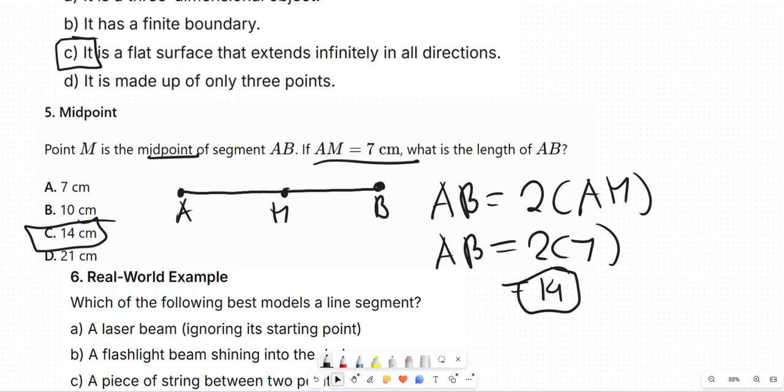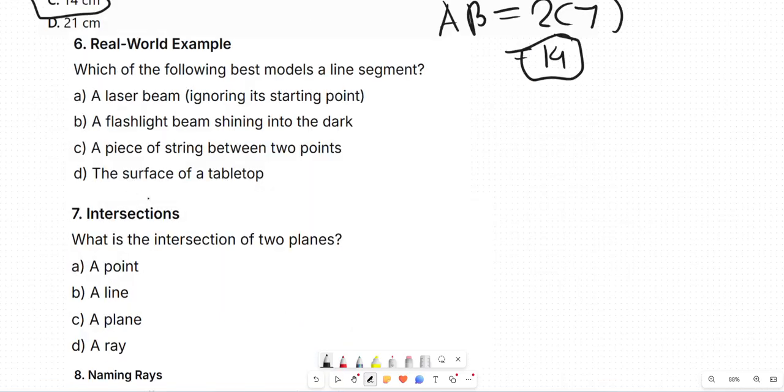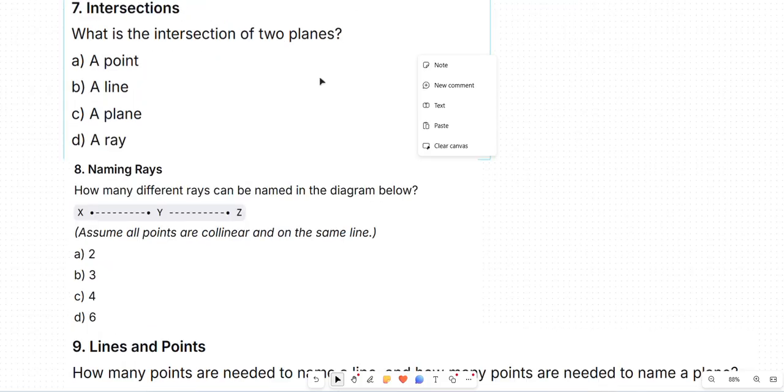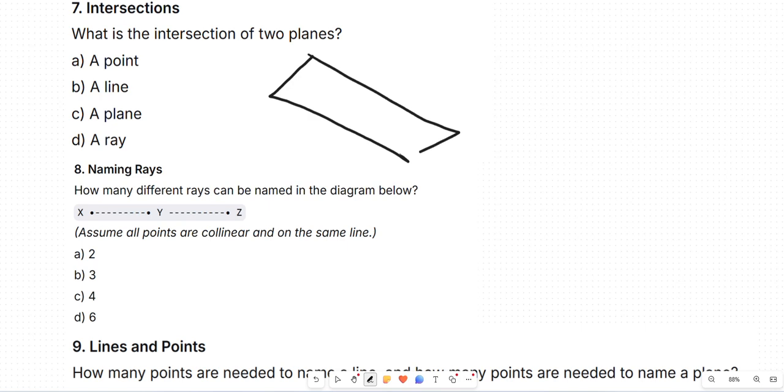Next, which of the following best models a line segment? A line segment has a starting and an ending point, basically two endpoints, right? So C is the right answer. Intersections. What is the intersection of two planes? The intersection of a plane, whenever it is colliding with another one, I can say, wait, this is a plane, right?